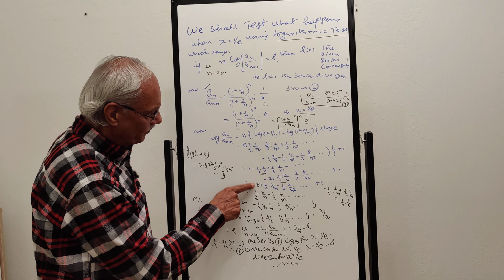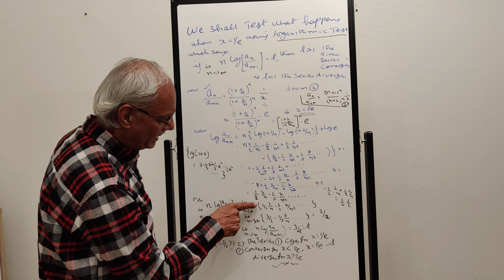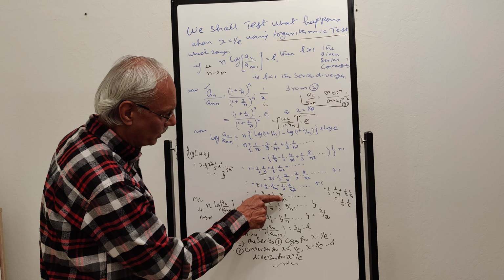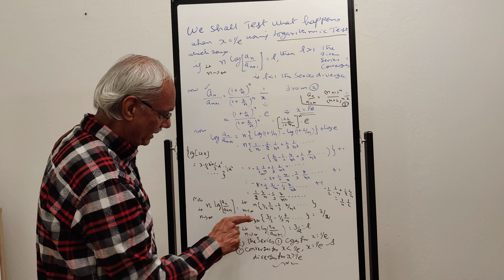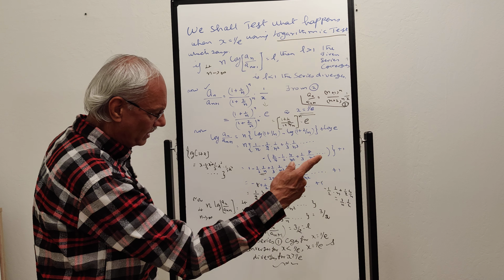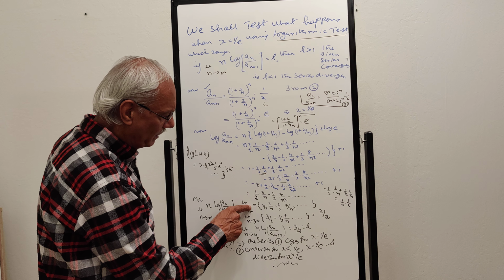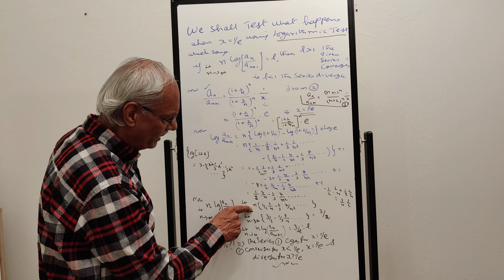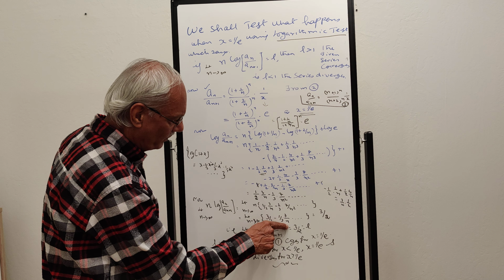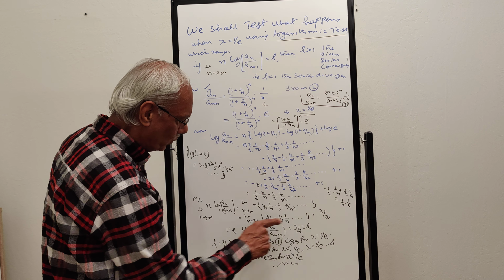So I will repeat this. Do the simplification here. You will get half into 3 by n minus 1 by 3 into 7 by n squared, and so on. Multiply this by n and allow n to tend to infinity. When you multiply by n, n will go off giving you 3 by 2 minus 7 by n, and it goes on.